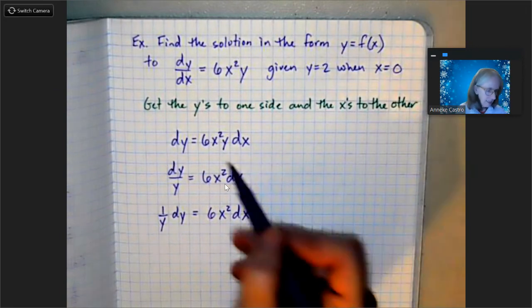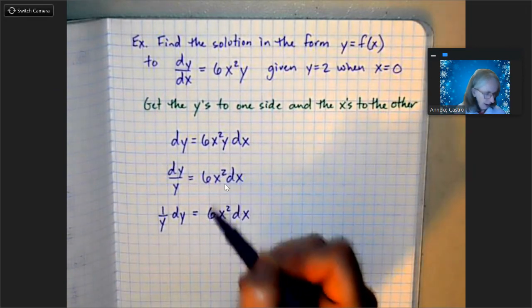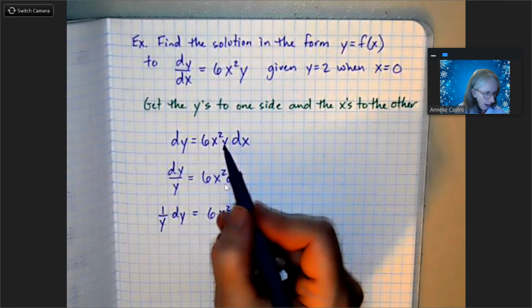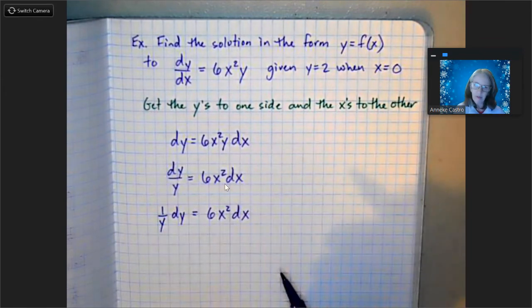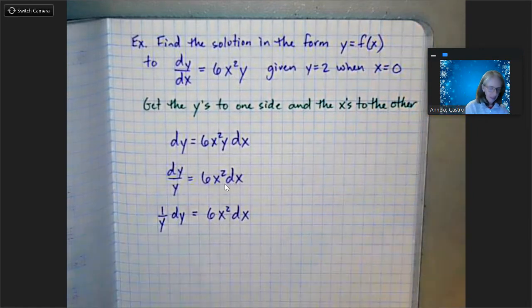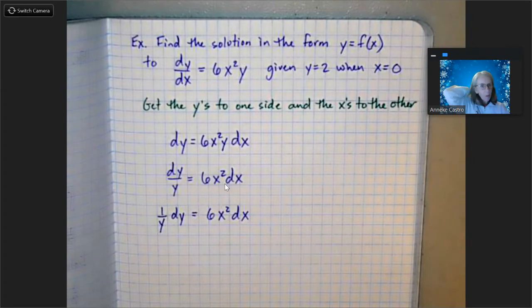So this is separable. We were able to separate our x's and our y's. If this y had been added on and then I had to subtract it over here, we wouldn't know what to do. So we're only learning a technique for solving one very particular type of differential equation. Sorry, I lost my train of thought. They are proportional.